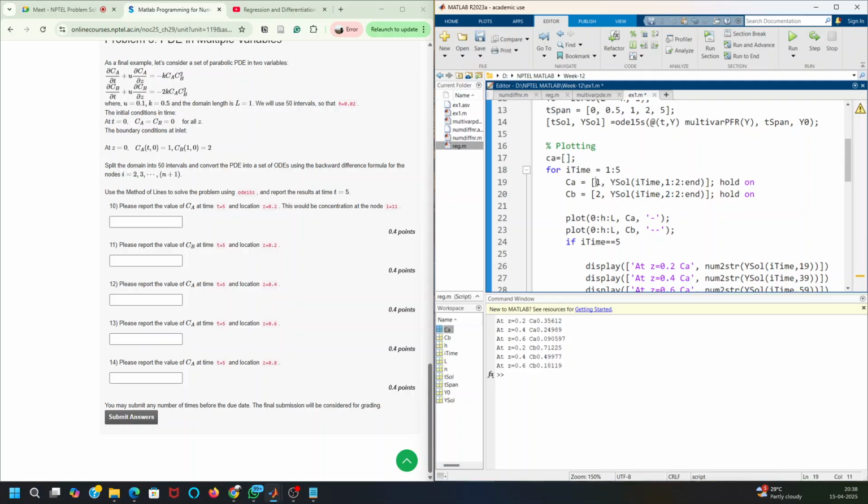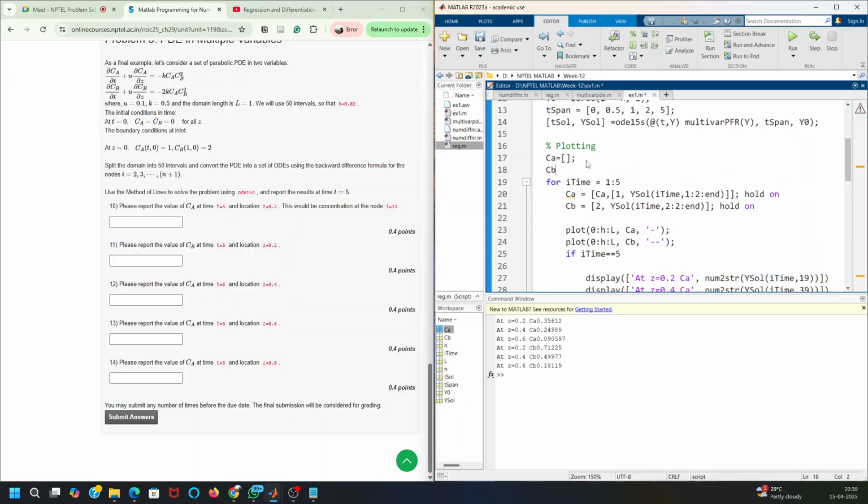And what I can do is I can store all these things so that it might be clear. I'll also do the same thing with C, so that I won't end up losing the values for previous time.